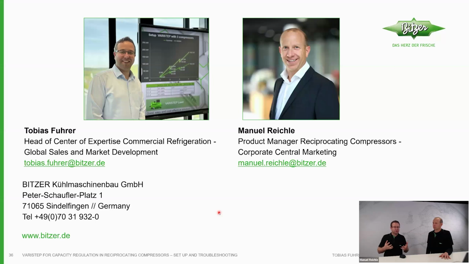And we see also that some countries have a different approach. We have countries that stick more to ammonia in large applications. They don't want to touch CO2 in these areas. Other countries go very strong with CO2 because they don't have the focus so much on ammonia. But to tell really what is better, we don't have a recipe at Bitzer, because we try to provide the best solutions for both applications.